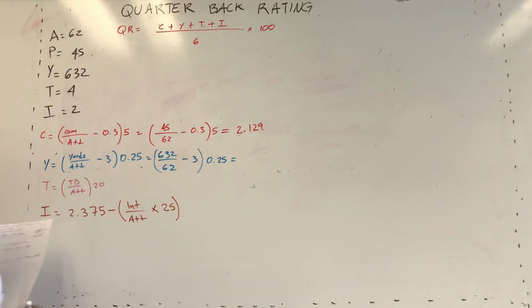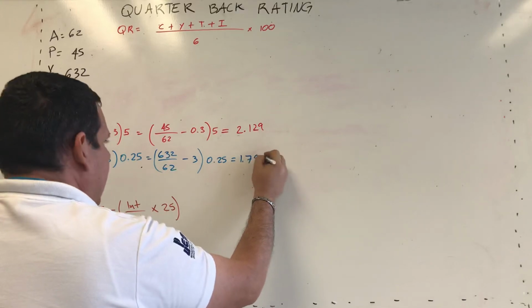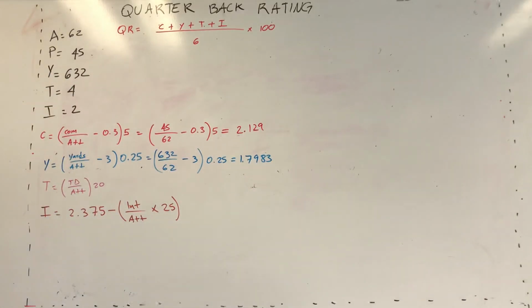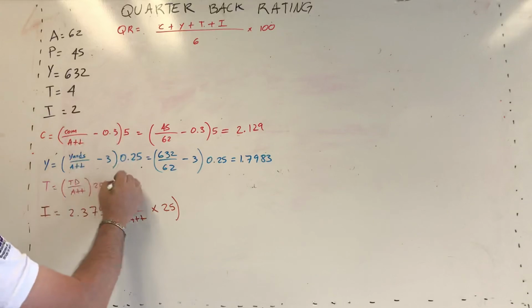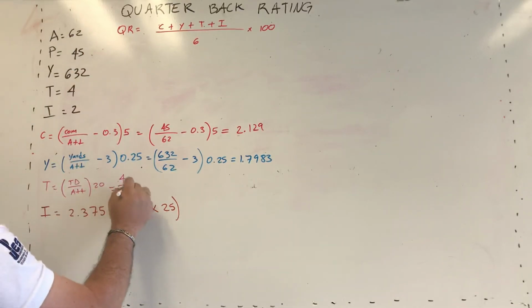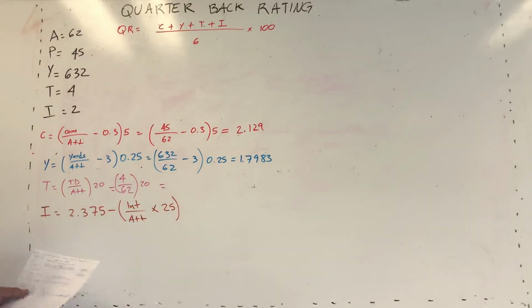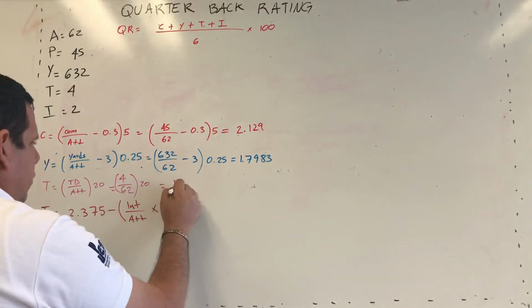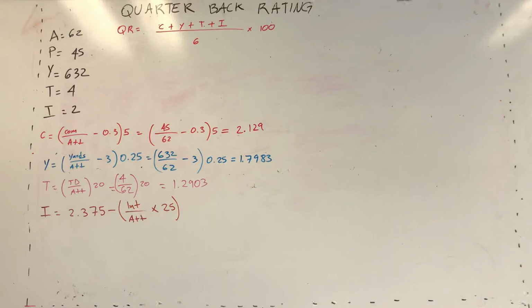This is 1.7983. For the touchdowns, we have 4 touchdowns, the attempts are 62, and then you multiply times 20 to get 1.2903.